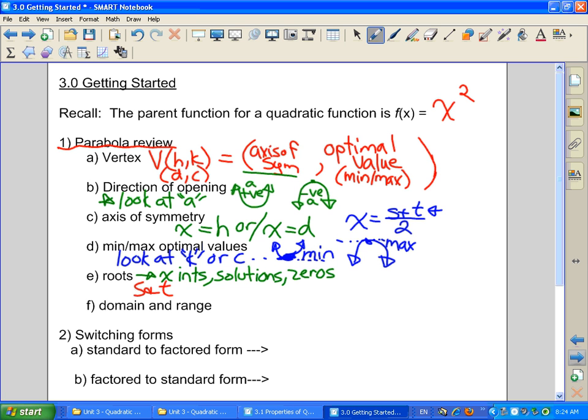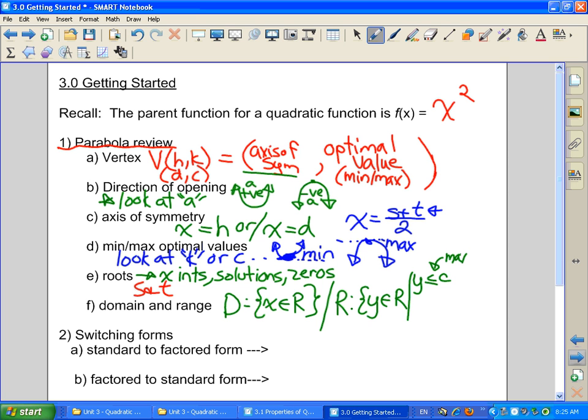Okay? So for your domain and range, for quadratics, just remember your domain is such that x belongs to a set of real numbers. That's from Unit 1. Whereas the range does have a restriction, and it's based on your optimal min-max value. So I'm going to say such that y is less than or equal to c, and that's when you have a maximum.